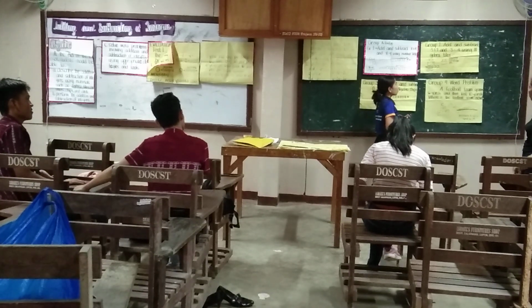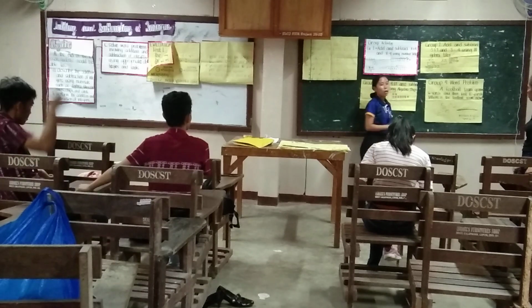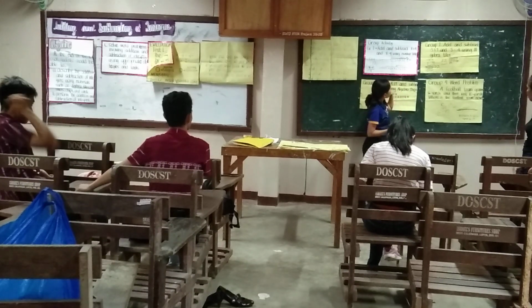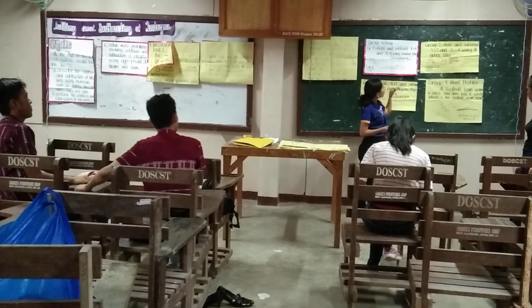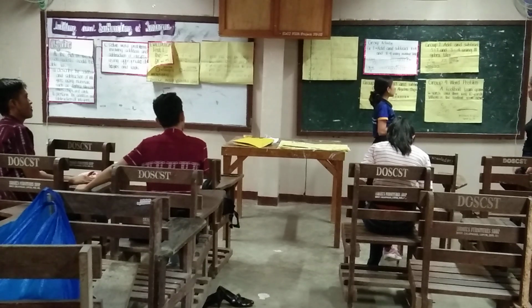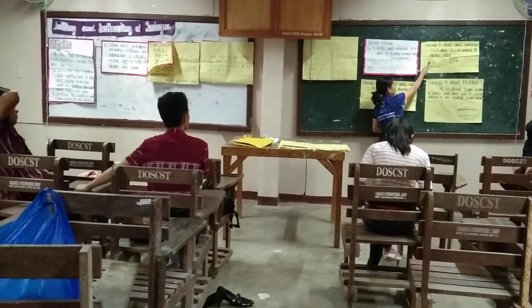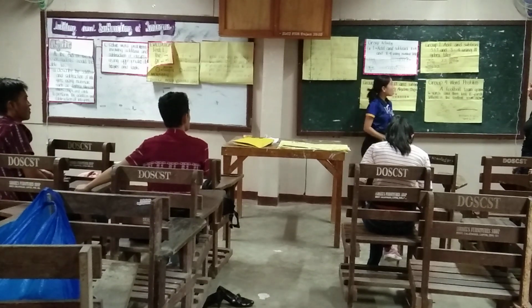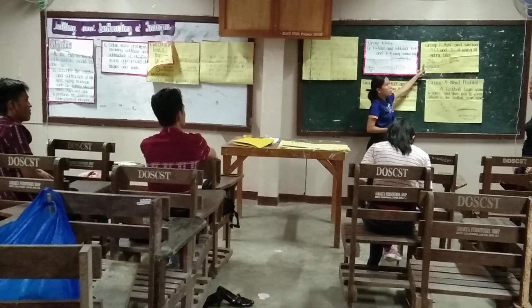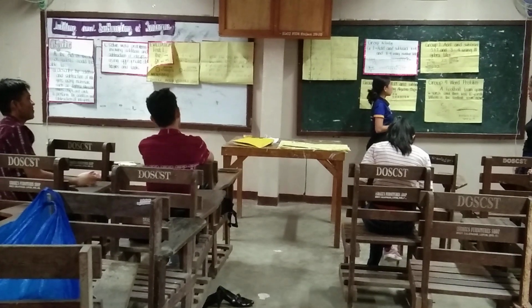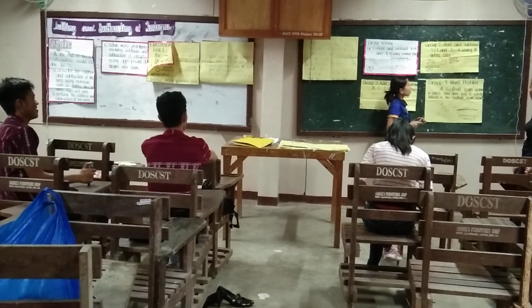So the first one, negative 5 plus 2, the answer is negative 3. It is negative because the bigger number is 5, and the sign of 5 is negative. So it came out negative.